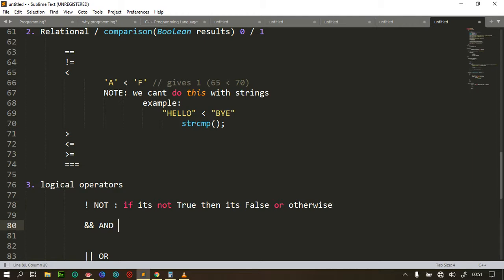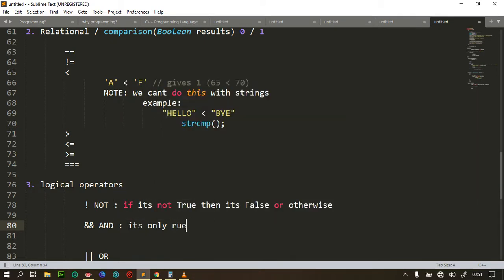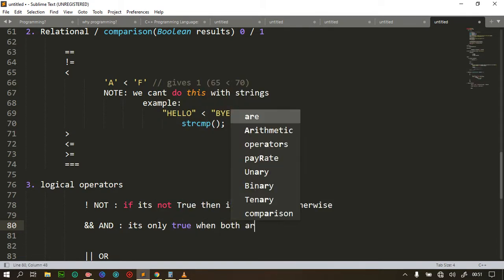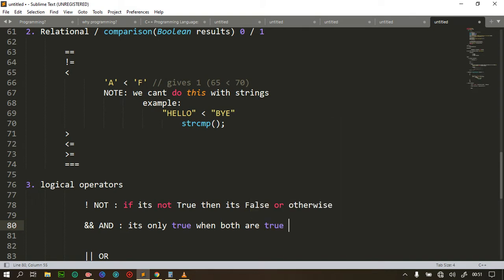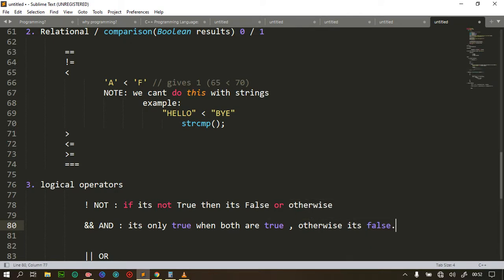Then we have and. It's only true when both are true, otherwise it's false. I know it's the first interaction, so things might not be grasped at the very first instance, but no worry, I'm going to try and explain until we understand.